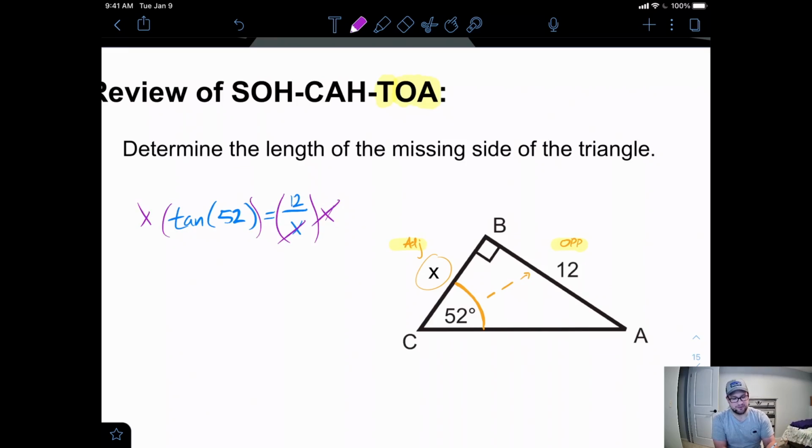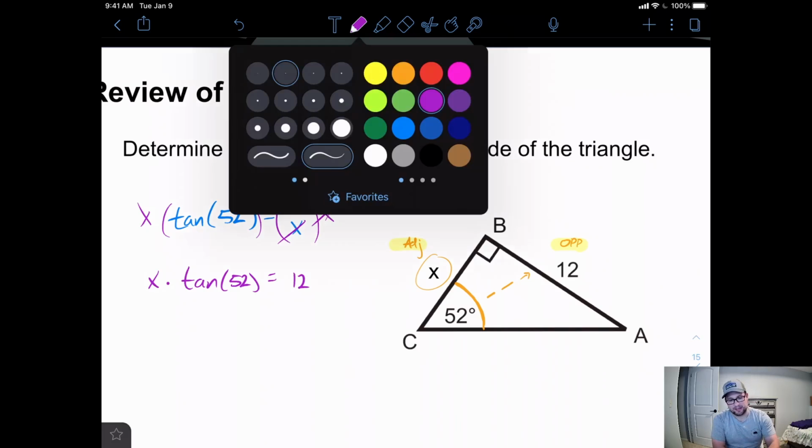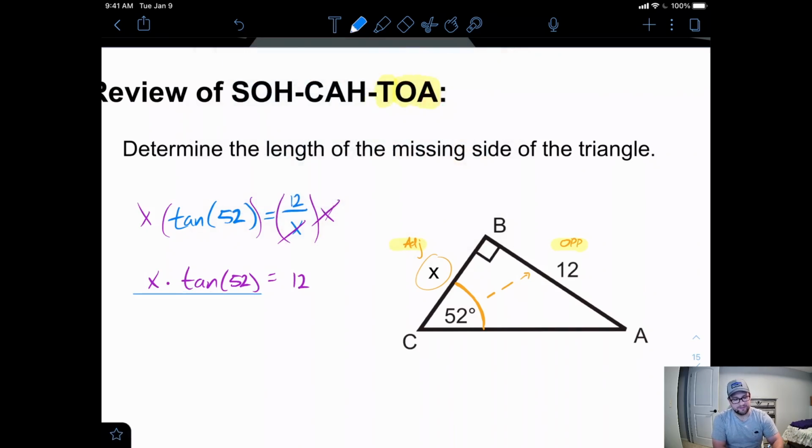That cancels these two out, and I'm left with x times the tangent of 52 degrees being equal to 12. I also want to get x alone here, so I can divide off the tangent of 52 degrees. When I do that, these two pieces cancel each other off, and I'm just left with x equal to 12 divided by the tangent of 52.